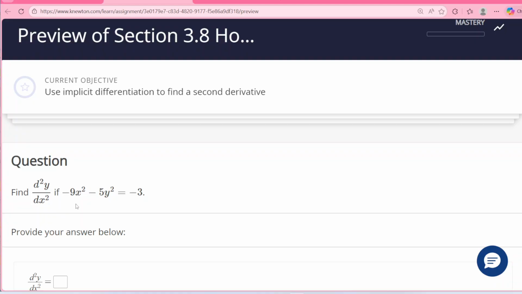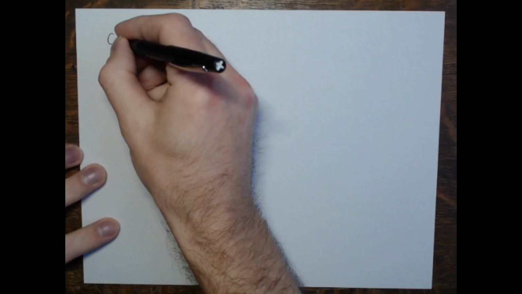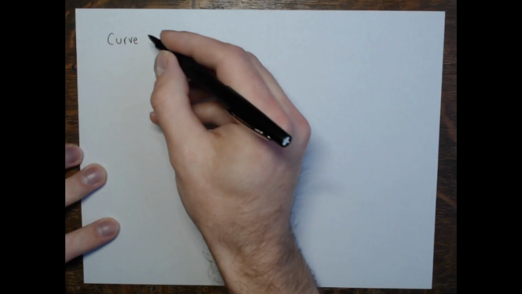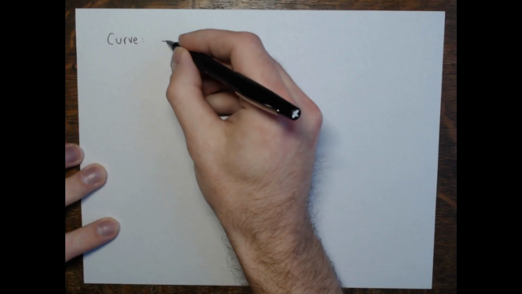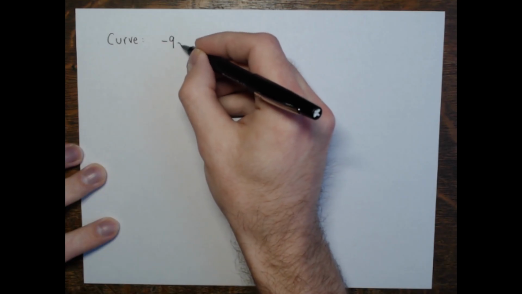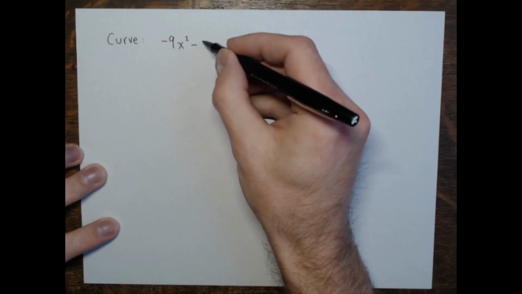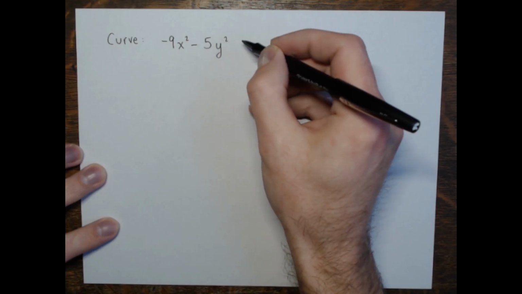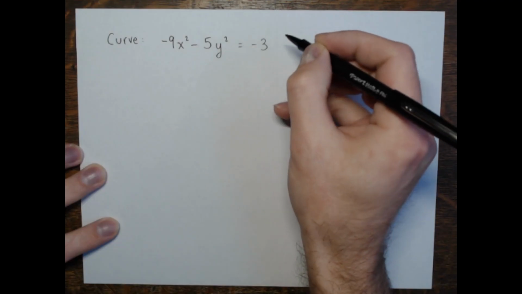We're given the equation of some curve on the xy plane, defined by the following equation. -9 times x squared, -5 times y squared equals -3.